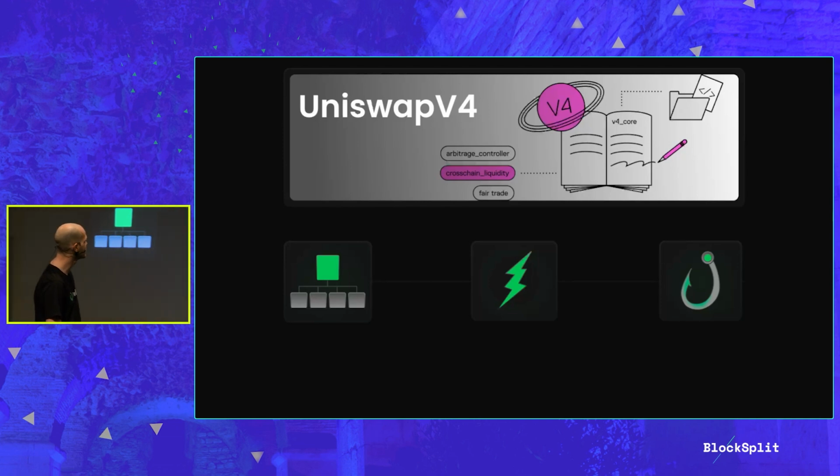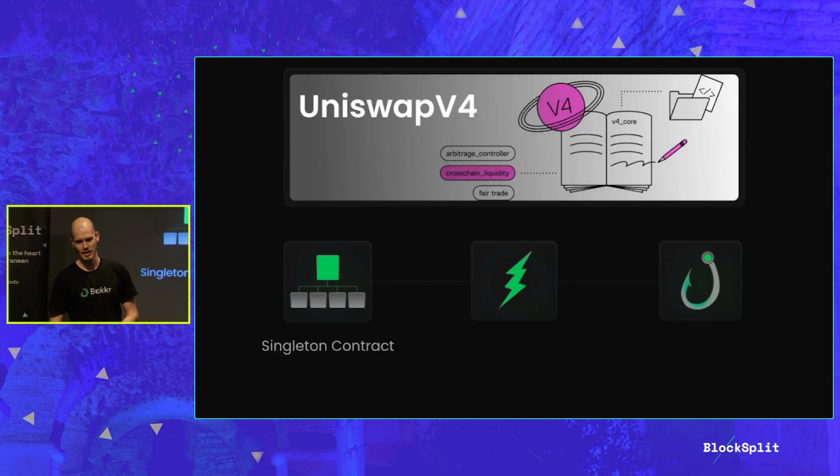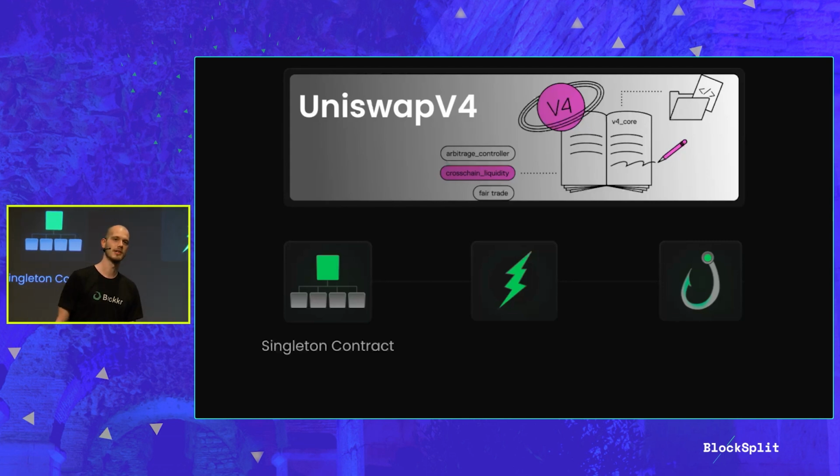There's a lot of new nuances on version 4 Uniswap. First of all, we have a singleton contract. In the old versions, every pool that's created on Uniswap has its own smart contract, which means, let's say we have Ethereum USDC pool. That would be one smart contract. We would have BTC USDC pool. That's another smart contract.